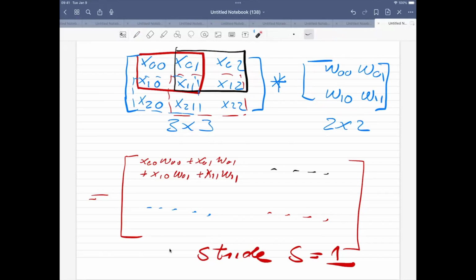And that is not possible, because what I would get then is a 2 by 1 multiplied with a 2 by 2, and that is not a possible operation. So for this specific case, I can only move by stride equal to 1. So I go this way, and then I take the next subblock like that, and then the next subblock.